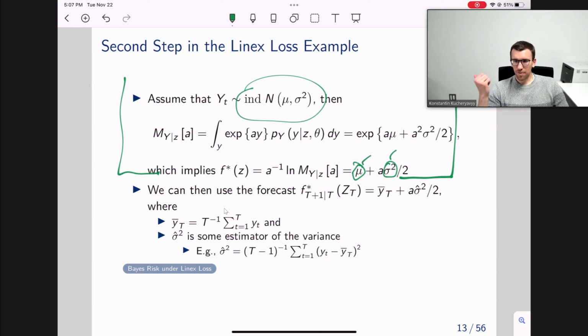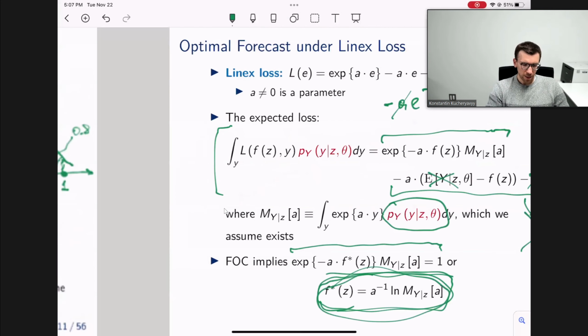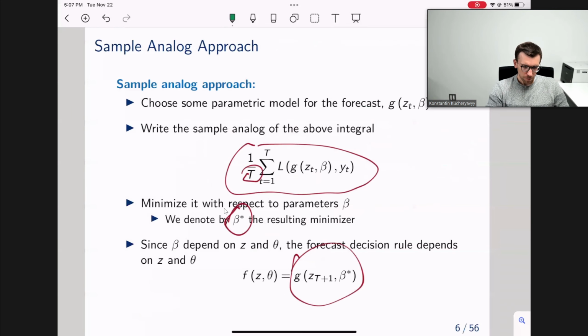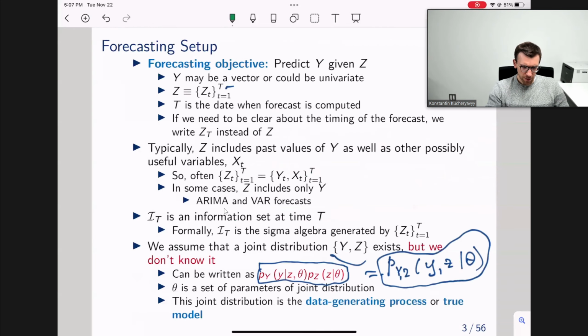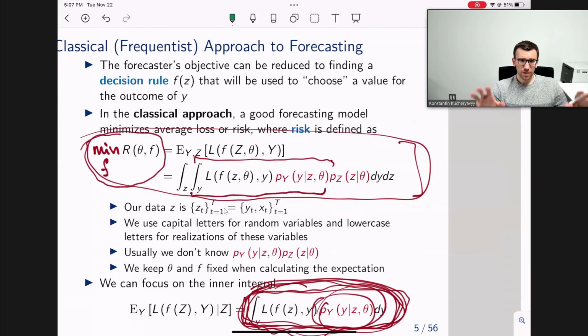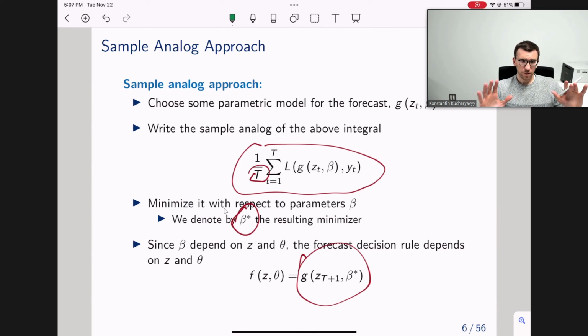I might be saying something confusing, or maybe not expressing myself clearly. Let me go back to the sample analog approach. In the sample analog approach, everything we did was based on the loss function. And if you think about it, we did these two steps together.